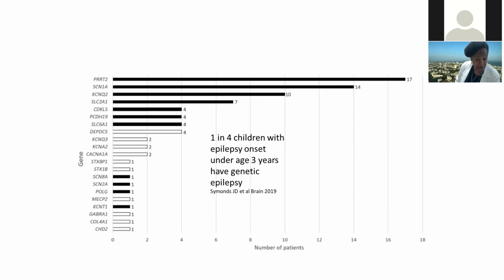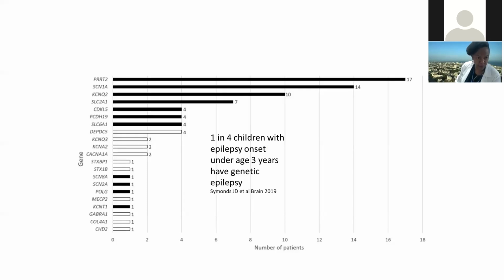Now, what are the most common genes that we see in children, since this is the population that I treat, okay? We know that 1 in 4 children with epilepsy have onset before the age of 3 years, and 1 out of 4 children will have a genetic epilepsy caused by a gene. What are the most common?